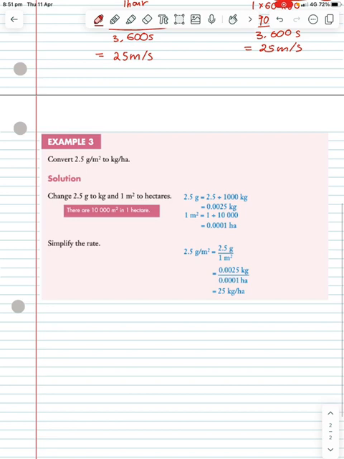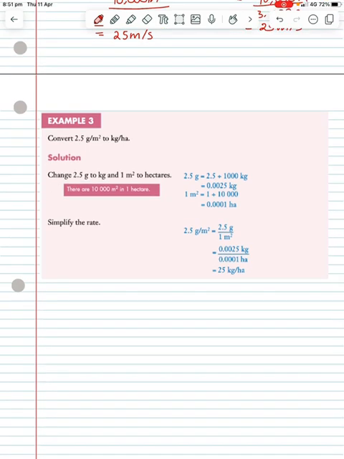Our second one is we want to convert 2.5 grams per meter square to kilograms per hectare. So you might not know this off the top of your head, so it's nice they've given it to us here. There are 10,000 meters square in 1 hectare. So I know I have got 2.5 grams, and then I also know I have got 1 meter square.